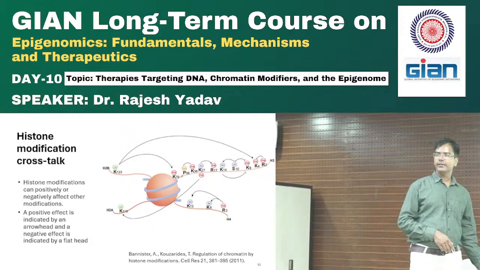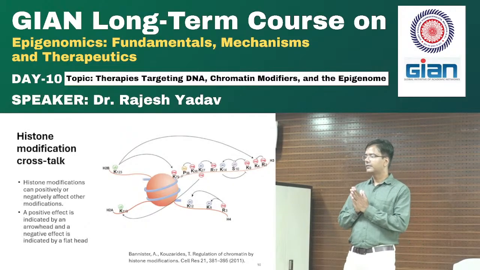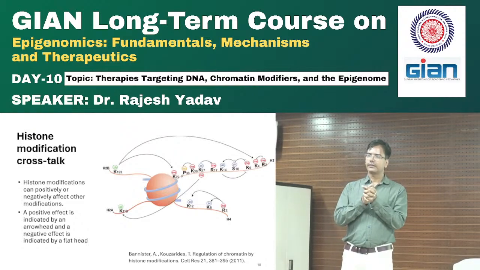I told you that heterochromatin provides the repressive mark, right? So during cell division, you have to remove the heterochromatin, right? So how can you remove it?